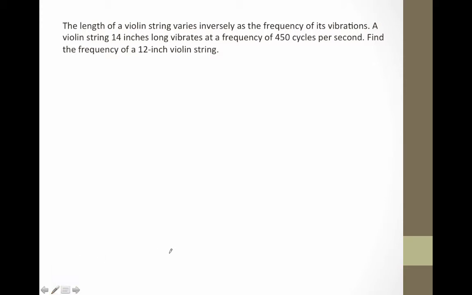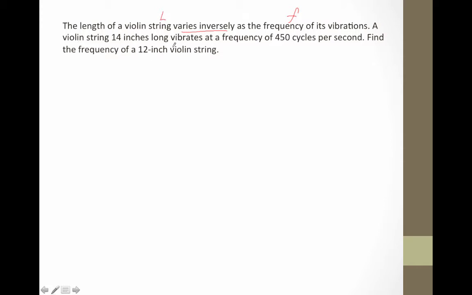The length of a violin string. You'll notice there are no variables here. The length of a violin string, we'll say L, varies inversely as the frequency, we'll say little f, of its vibration.